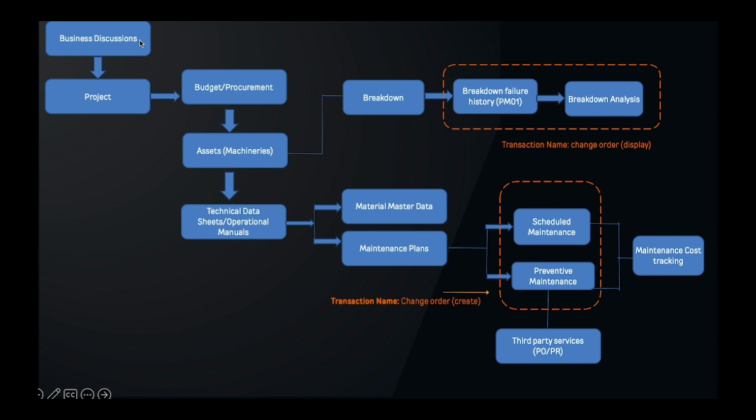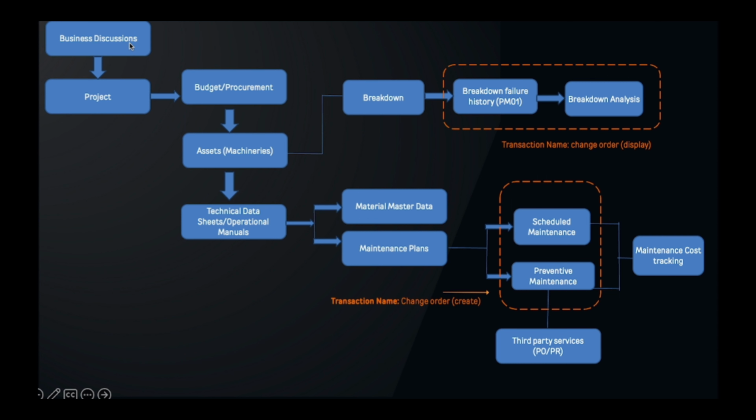In the business discussions, we are able to know what the needs of the organization are, so that they can satisfy their consumers. What are the machines needed, because we're talking of plant maintenance? What are the resources that are going to be needed for the aim of satisfying the customers? That is why we have business discussions.